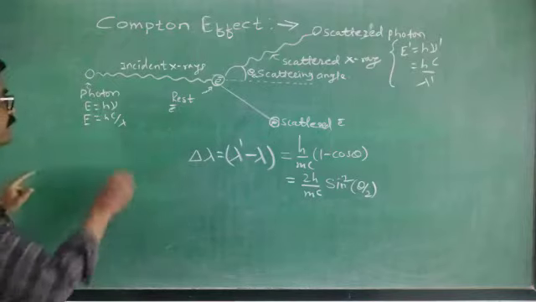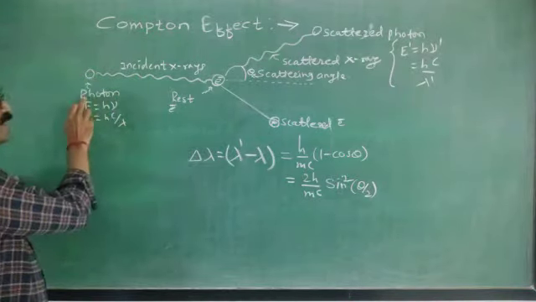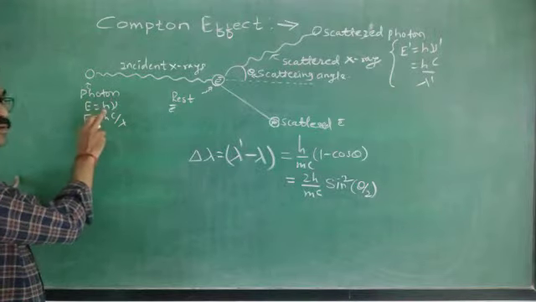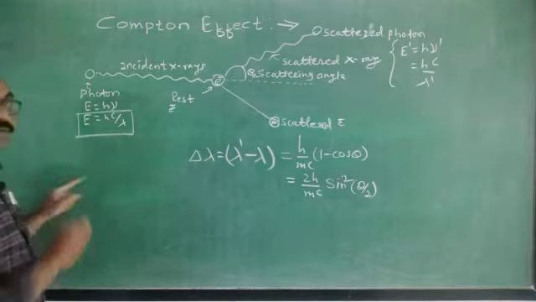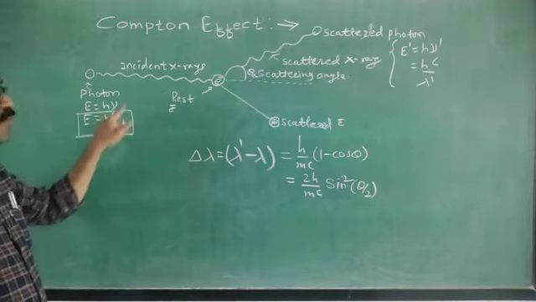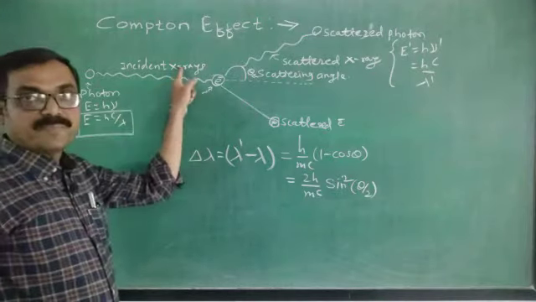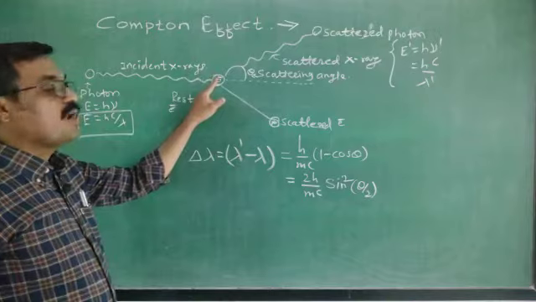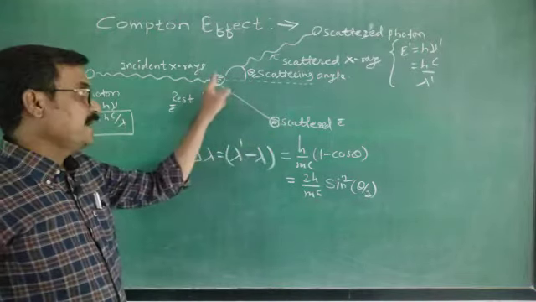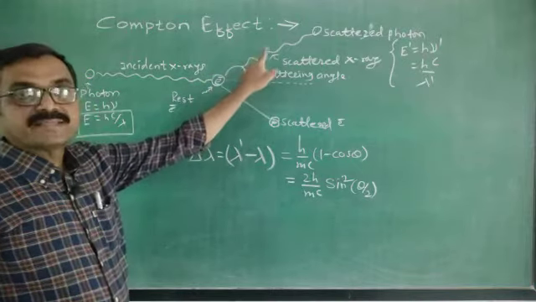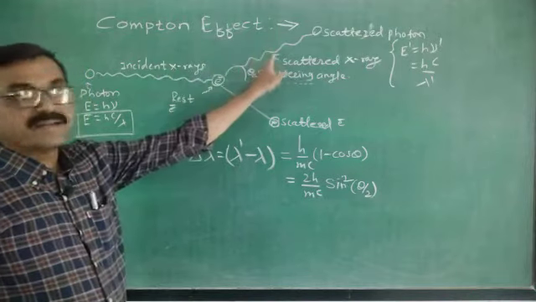That is, the incident X-ray is composed of photons, and that's why the energy of photon is given by E equals h nu, where E equals hc by lambda, where lambda is the wavelength of the incident X-ray. This incident X-ray, when allowed to fall on the electron, that electron gets scattered and the scattering of X-rays takes place. This is incident X-ray, this is scattered X-ray.